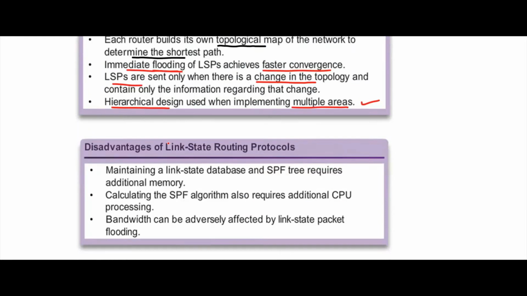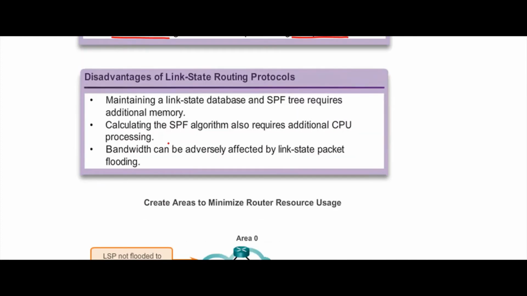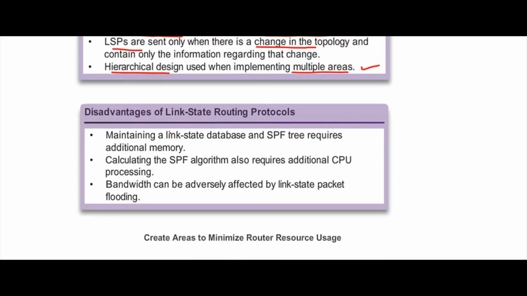Now, moving on to the disadvantages. It needs more power, meaning the CPU; it is going to consume more CPU and processing memory because it does a lot of calculations.